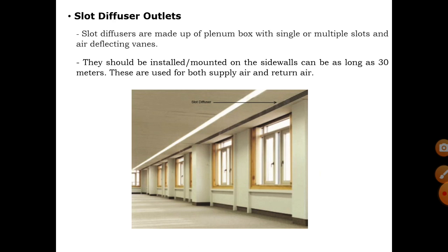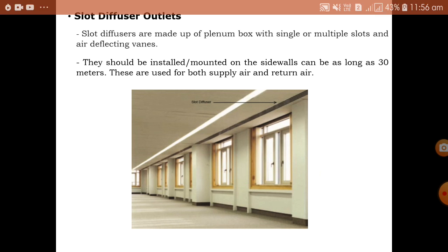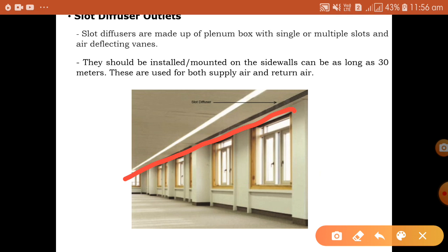You can see over here, this is that particular plenum box, and here you will have different outlets or slots that can be provided for supplying or distributing the air in different rooms. Again, it can be used for both supply as well as return air, and multiple slots and some deflecting vents would be provided here.